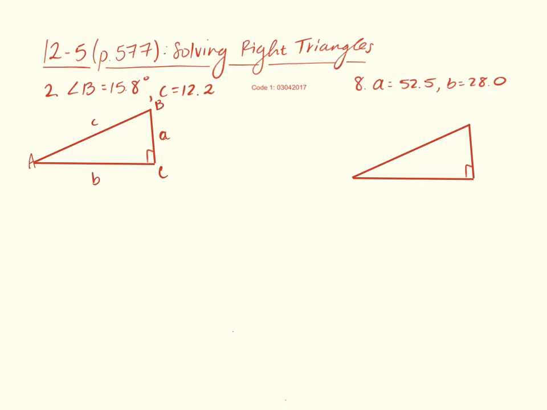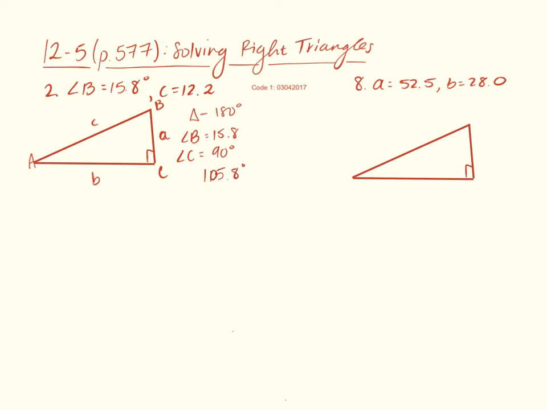Okay. So remember, triangles have 180 degrees in total. Correct? And we know that angle B is 15.8 and angle C is 90 degrees. That's what that lovely little box means there. So together that adds up to 105.8 degrees.